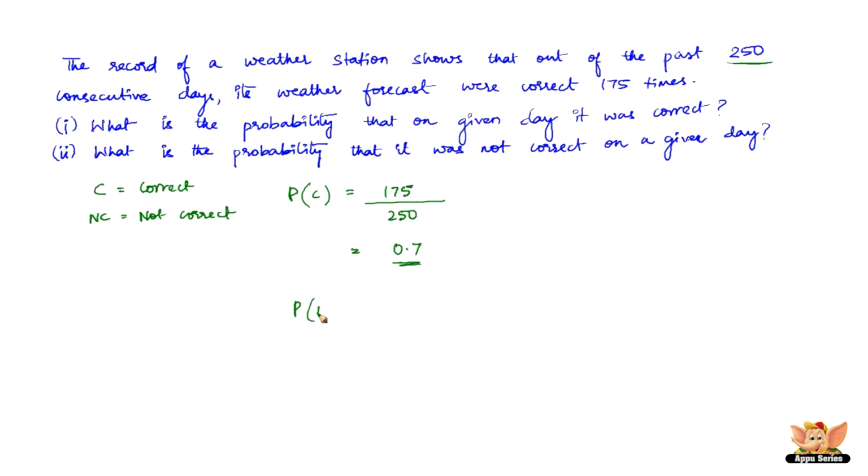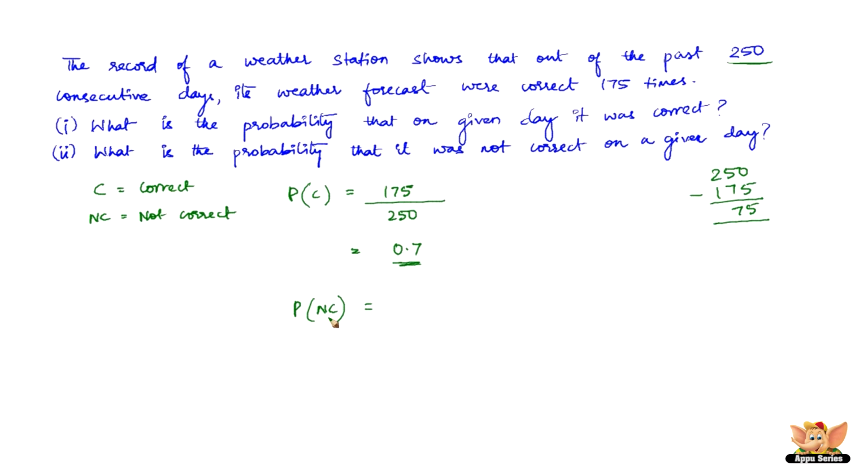Now, what is the probability of the weather forecast not being correct on a given day? Now we've got 175 times correct out of 250. So obviously not correct is 250 minus 175, which is nothing but 75. Subtract 175 from 250, we get 75.